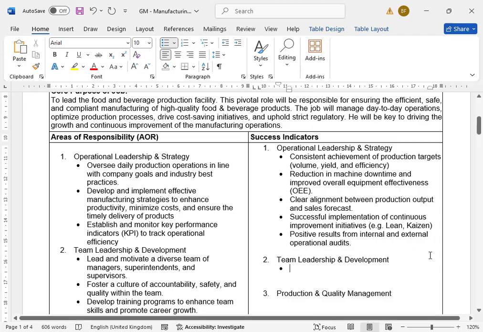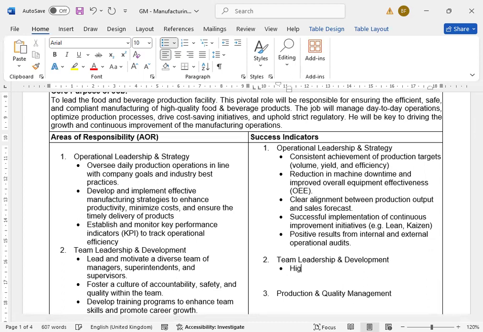Okay, next one will be for the team leadership and development. Team leadership and development, I like this portion because I'm from HR. So high employee retention, because the people working under this role are happy because the role is thinking about the career growth of employees.